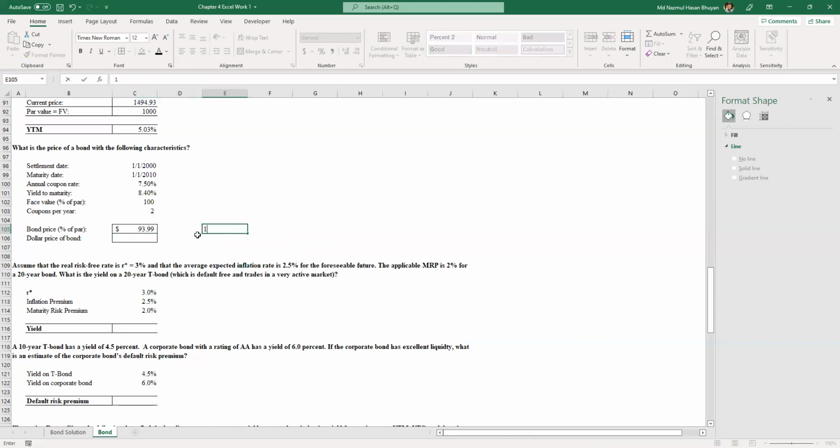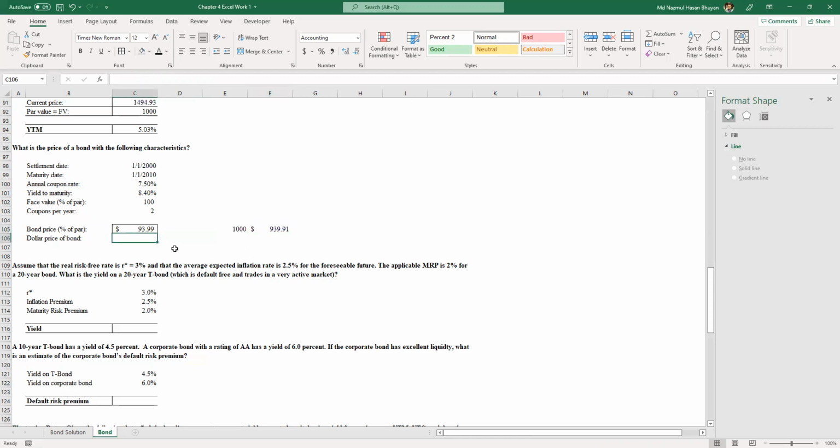Now we know our par value of the bond, if nothing otherwise stated, is always $1,000. So this bond price says the market value of the bond is 93.99% of the par value. So that means the actual par value is $1,000 times this percentage. Okay.